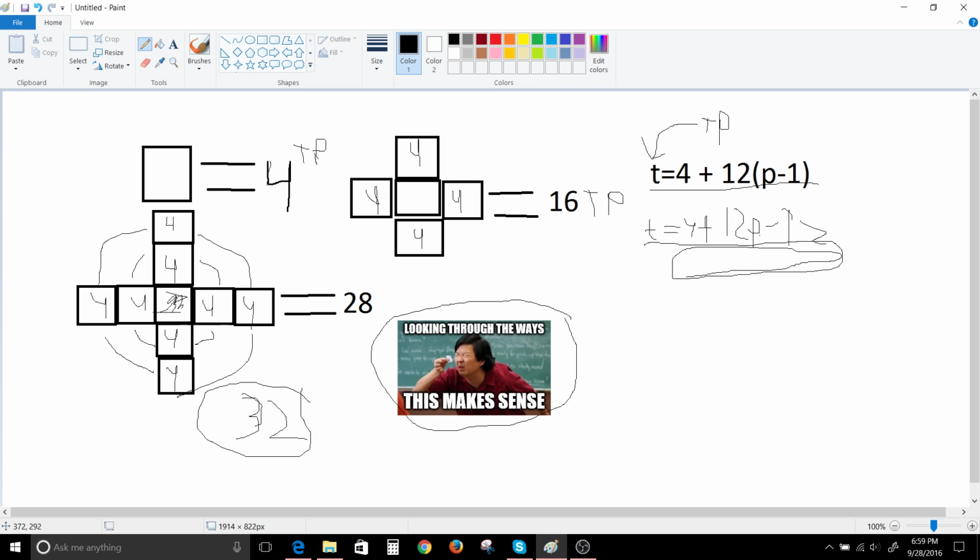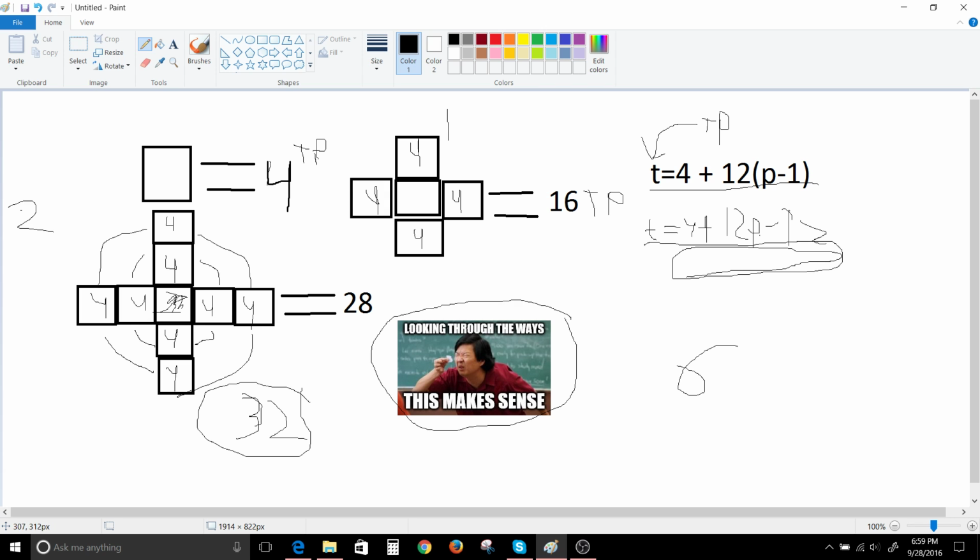And in the end, what we were trying to look for is this design right here was considered design 1. This one right here was considered design 2. What we were looking for was design 6, okay?